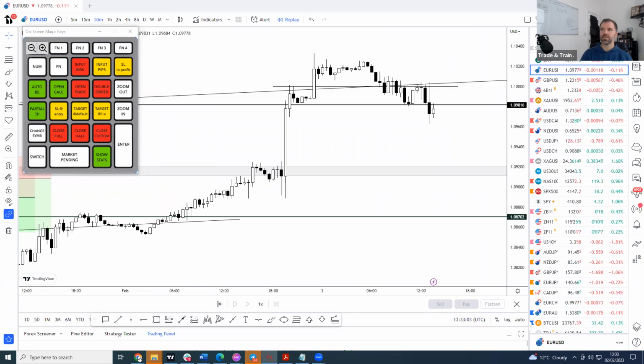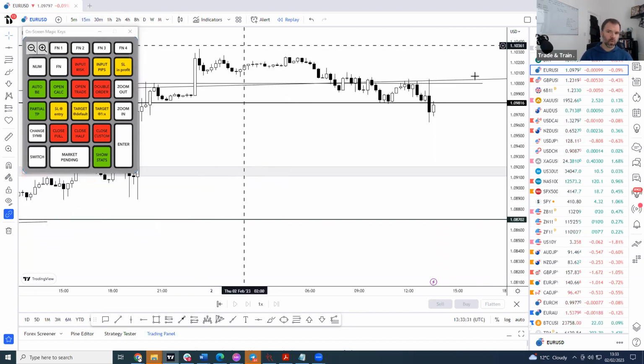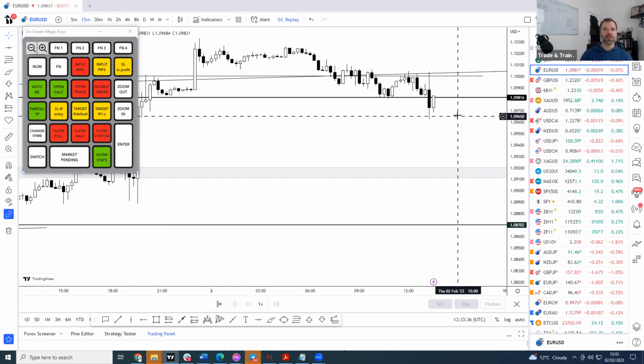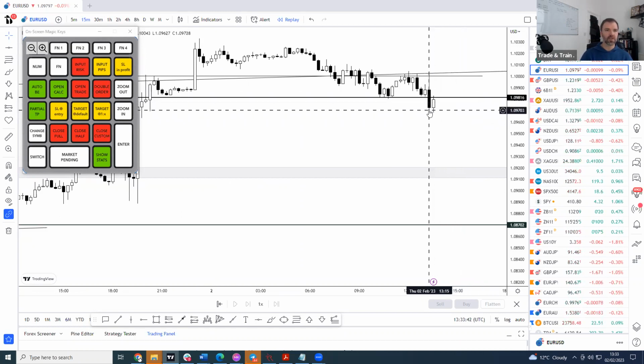So I'm just going to move my second entry to 109.65, underneath the low of the current candle.